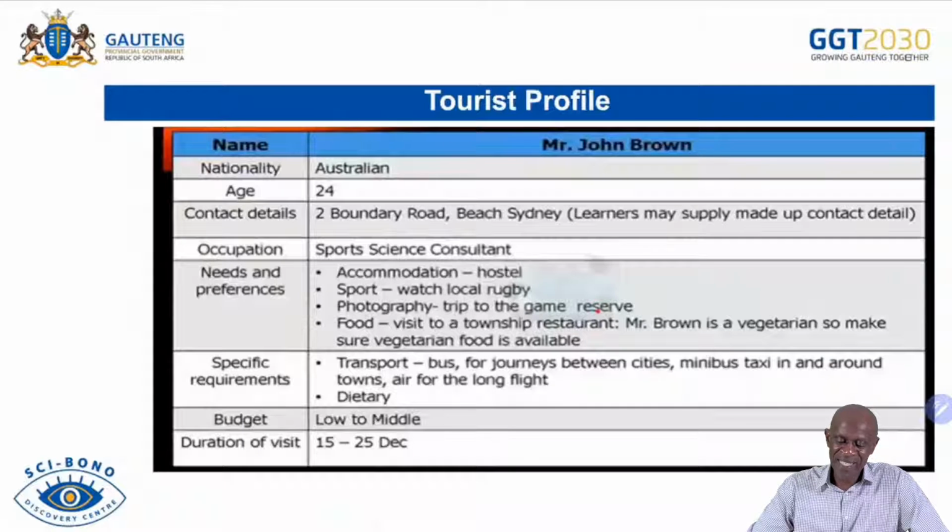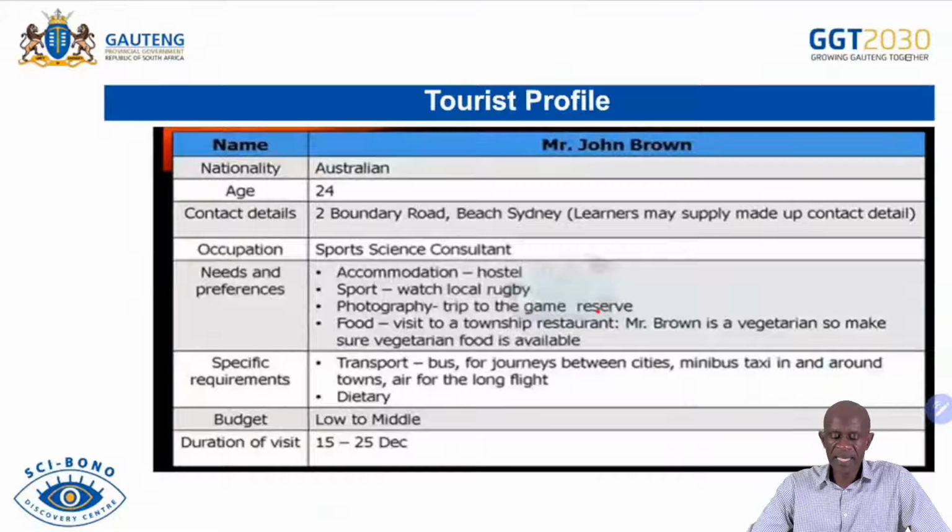The contact details further explain his profile and his details as given in the example. He resides at 2 Boundary Road, Beach, Sydney. Another important aspect of the tourist profile is the occupation. Mr. Brown's occupation is a sport science consultant.